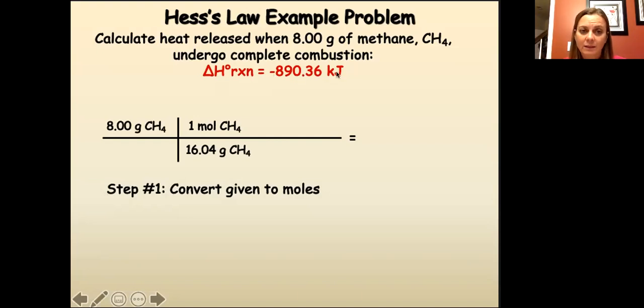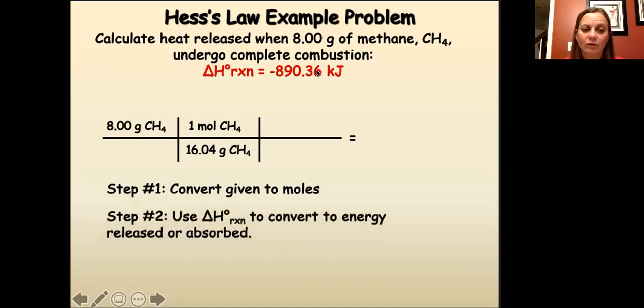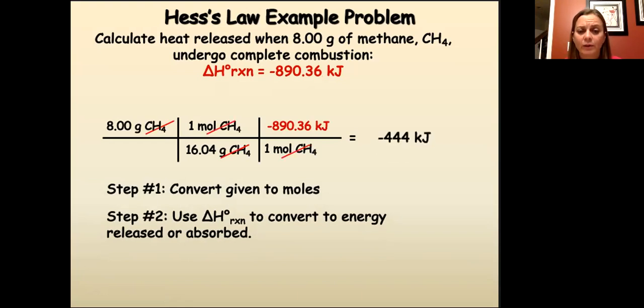And from our balanced chemical equation, we know that that's for 1 mole of methane. So we're going to put 1 mole of methane on the bottom and negative 890.36 kilojoules on the top. And so when we do all the math and cancel out grams and moles, we get that 444 kilojoules of energy are released when 8 grams of methane are combusted.